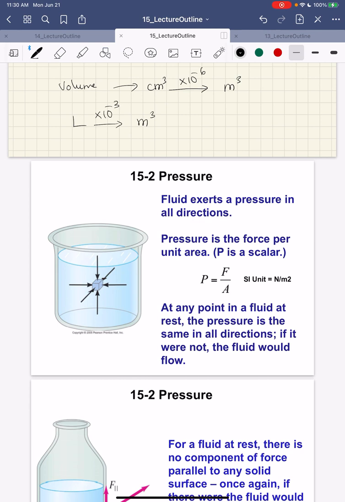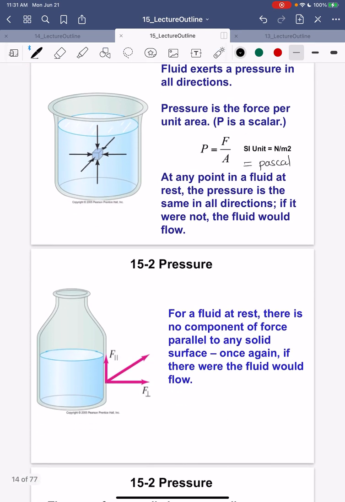The unit that we use is the newton per square meter, and we call that the pascal. Now, at any point in a fluid at rest, the pressure is the same, otherwise it will flow. Whenever we have irregularities in pressure, we find that whether it is air or a liquid, it is going to flow. This is something that we need to know.